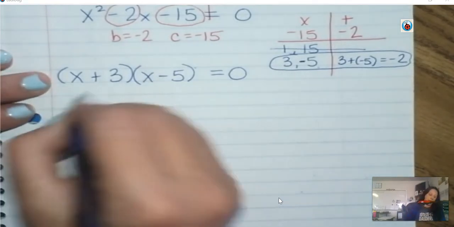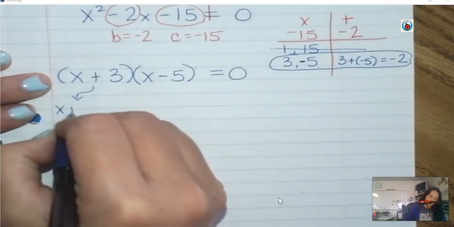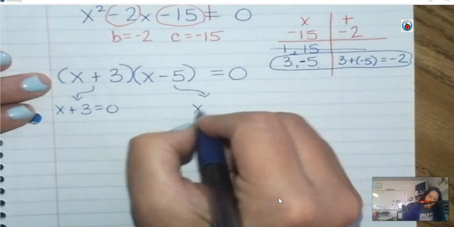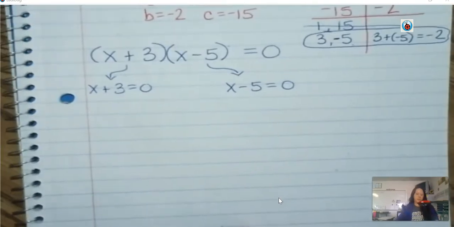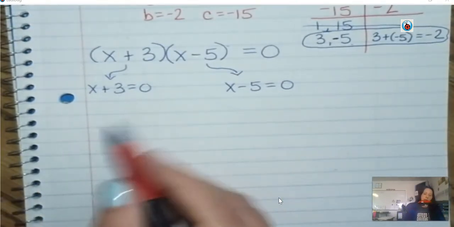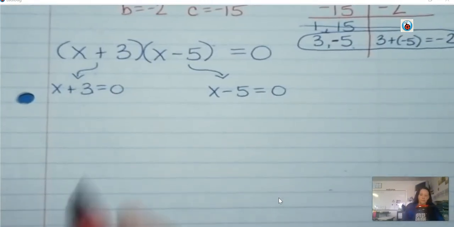Now solve both of the factors, having them equal to 0. So you're going to do x plus 3 equals 0. And then do x minus 5 equals 0. If you can do those in your head, go ahead. If you need to show work, that's fine too. I'm going to show work always just because I have people that are not sure where I'm getting my answers from.